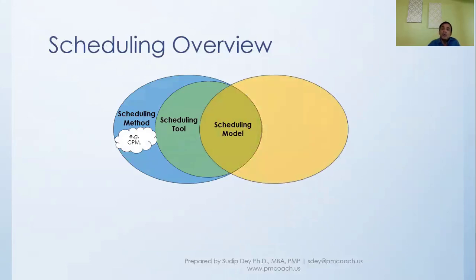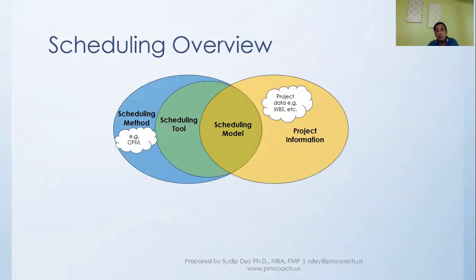Then what we do is create a model within that tool based on the scheduling method by putting in project information. Project information is what are the different activities and what is the duration of each of them, and so on and so forth.